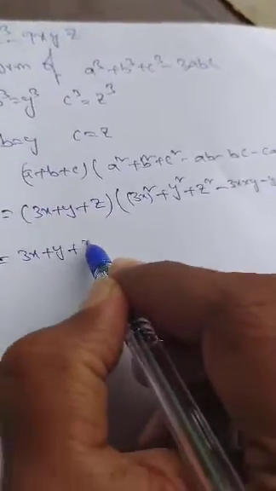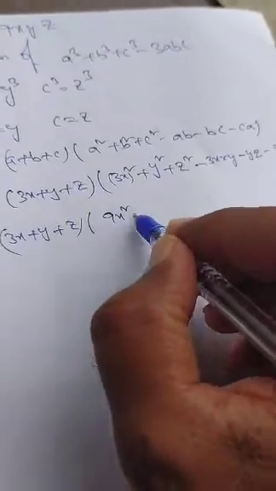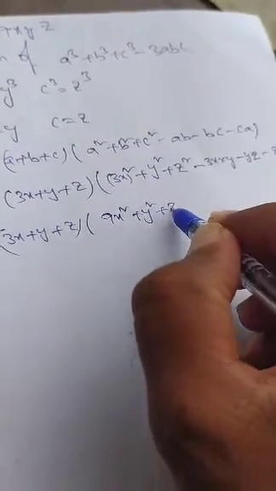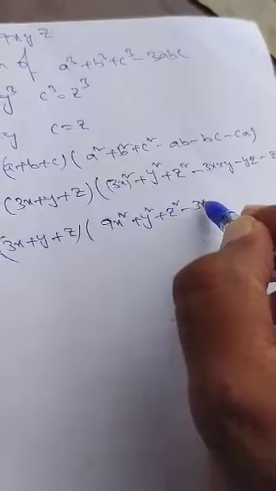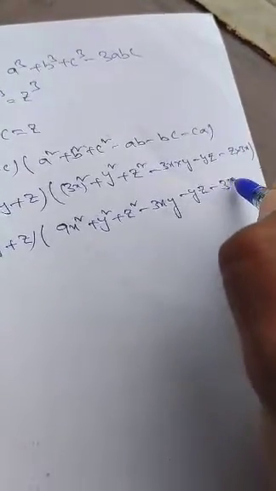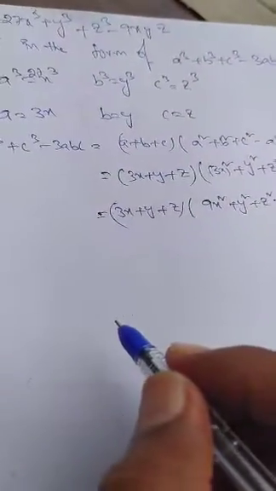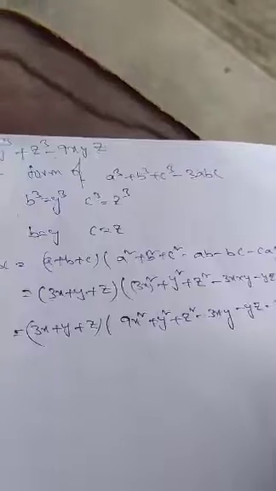So 3x plus y plus z into 9x square plus y square plus z square minus 3xy minus yz minus 3zx. So this is the required answer.